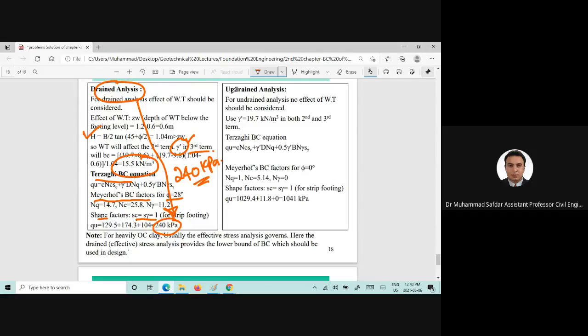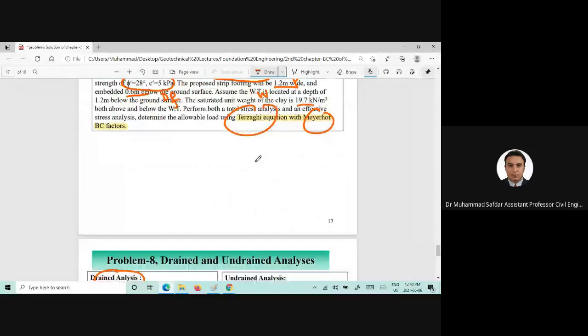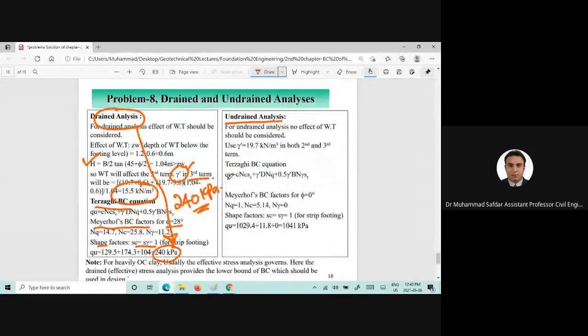kilopascal. Now, in case of undrained analysis, we are going to use Terzaghi's equations for finding the Q ultimate. So these are the Terzaghi equations to find out the ultimate bearing capacity. Q is used as 19.7 because in undrained analysis, we don't need to consider the water table or the pore water pressure.